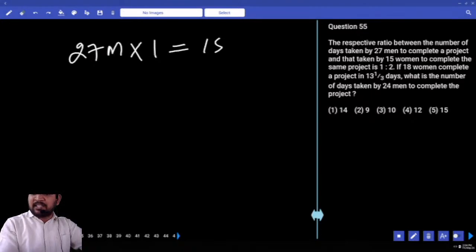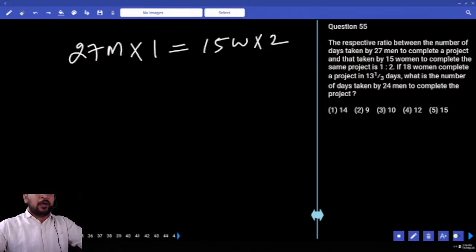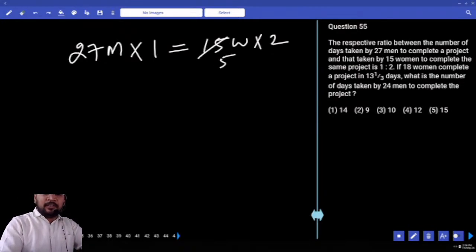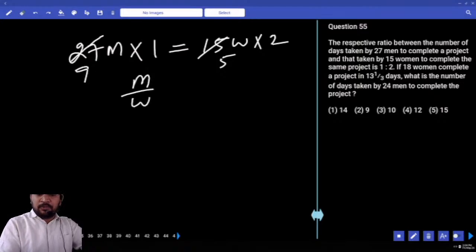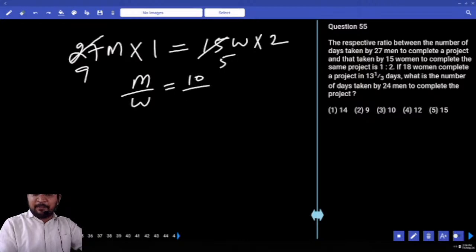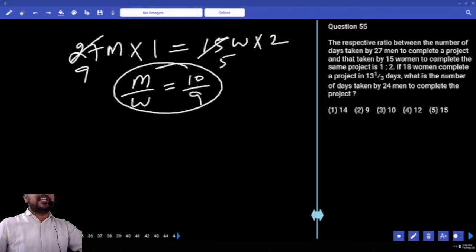If 15 women are there, they will take 2 parts days. Yes or no? Now we will get the men to women efficiency ratio. Men efficiency is 10 parts, women efficiency is 9 parts.